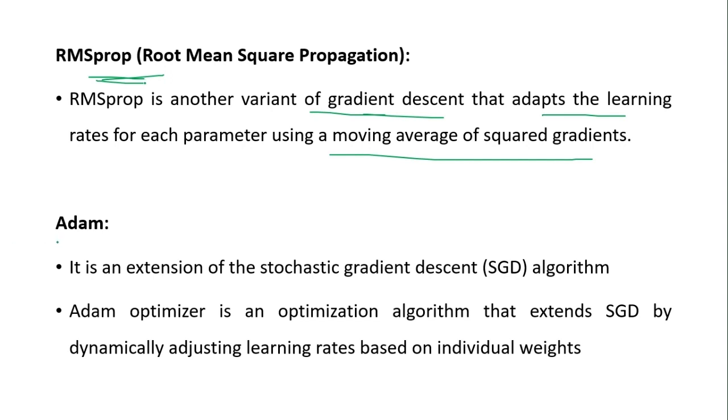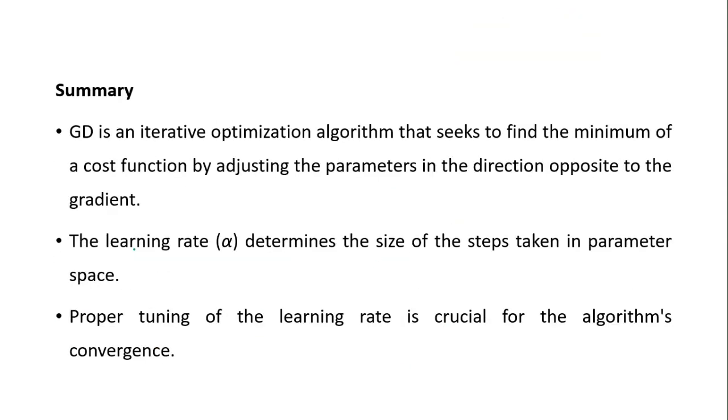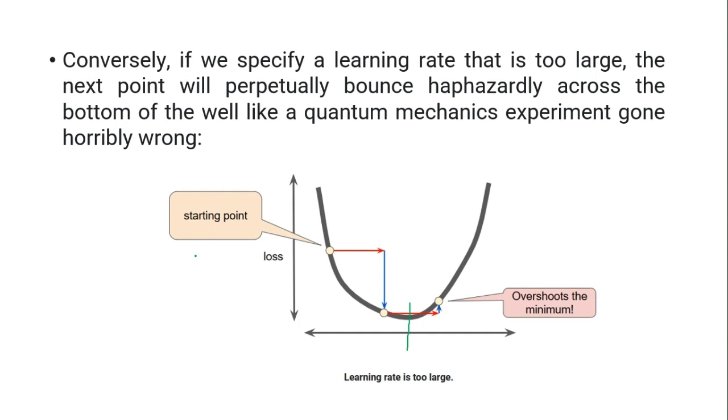Now, a commonly used optimization algorithm is ADAM, which is also an extension of the stochastic gradient algorithm. Here the advantage is that the ADAM optimizer dynamically adjusts the learning rate based on individual weights. See, the learning rate will be adjusted dynamically. In gradient descent, the problem is the constant step size. If you select a step size, it will be constant.